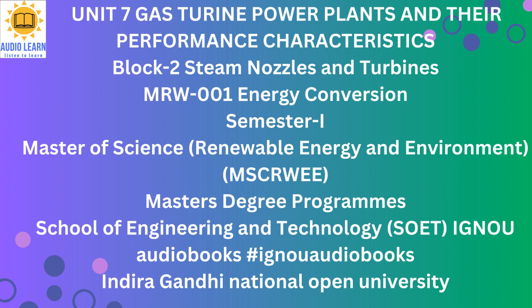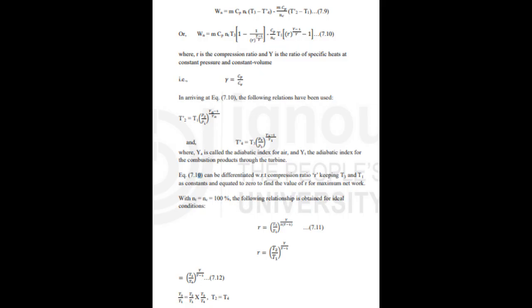The turbine output, Wt, may be expressed as Wt = mt Cpt (T3 − T4'), (7.6), where mt is the mass of the combustion products through the turbine per second, and Cpt is the specific heat of combustion products at constant pressure.